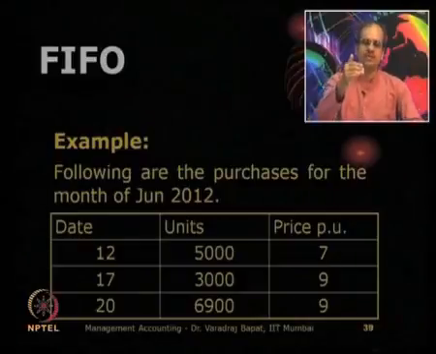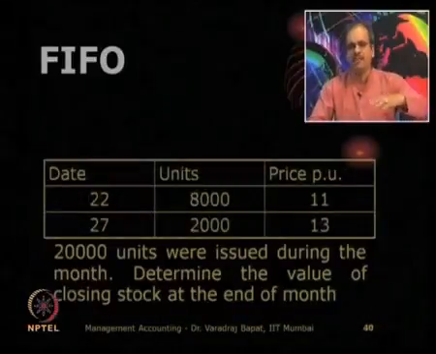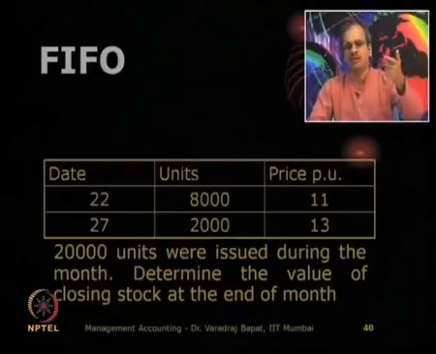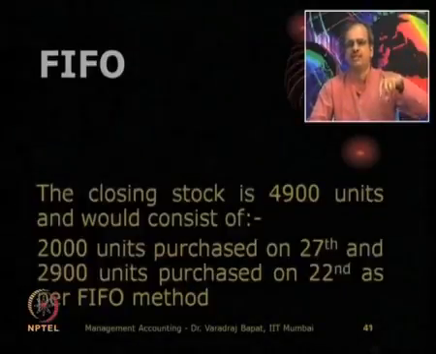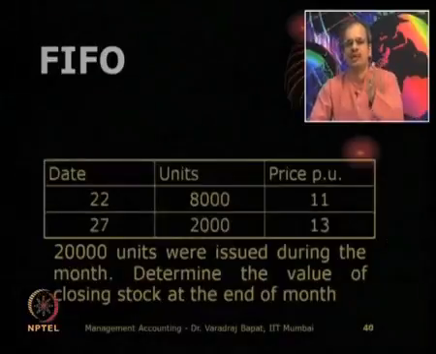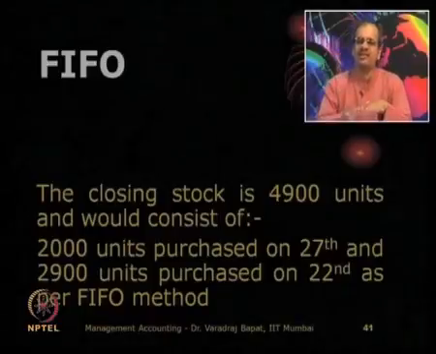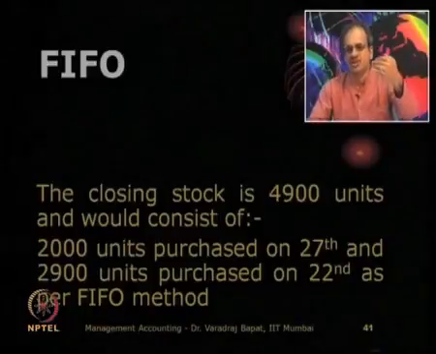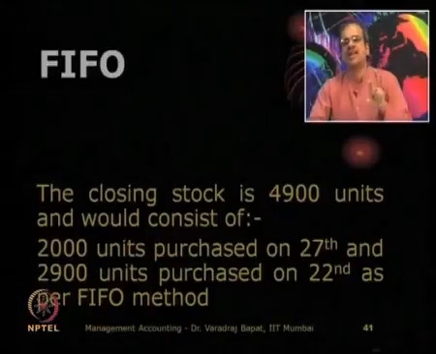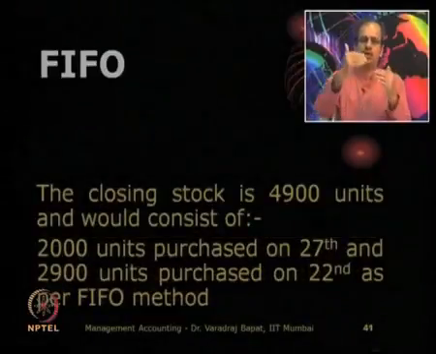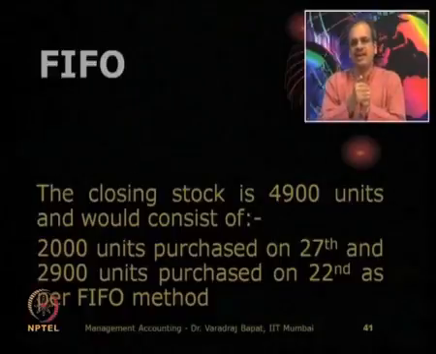So the purchases of 12th, 17th and 20th have already been issued. What is in stock is from the purchases of 22nd and 27th. First, whatever is from the 27th, that is 2,000, they are all there with us, and out of the purchases of 22nd, 2,900 units are there. So you are clear? I know that I have 4,900 units.